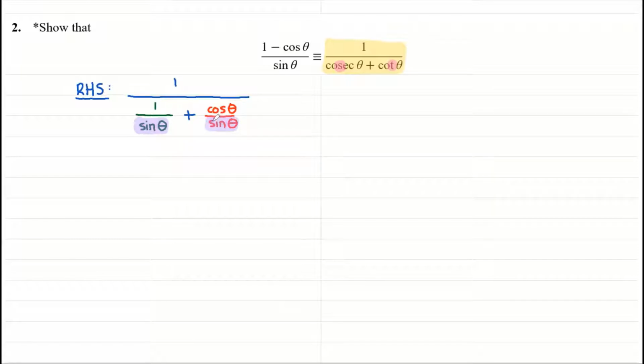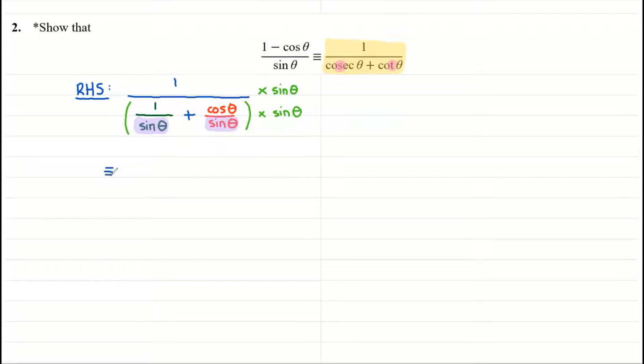If I multiply the entire fraction by sine theta, so if I multiply the numerator by sine theta and the denominator by sine theta, and by the denominator, of course, I mean the whole thing, that will hopefully clear the fractions within the fractions. So that will be my next step. I want to make this look a bit more simple.